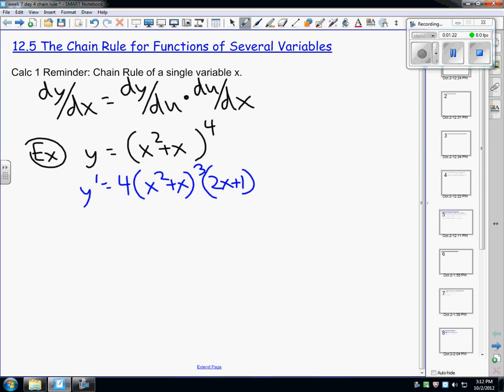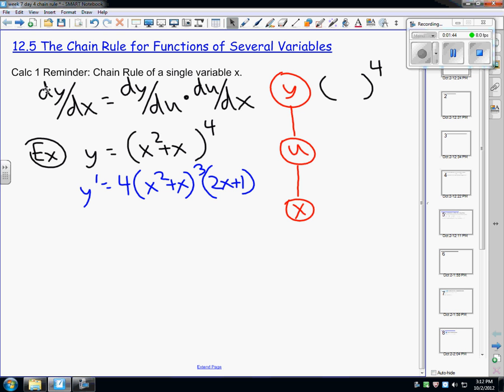The whole idea of the chain rule is we're going to start looking at this as a chain. Y is all about a u, which is all about an x.